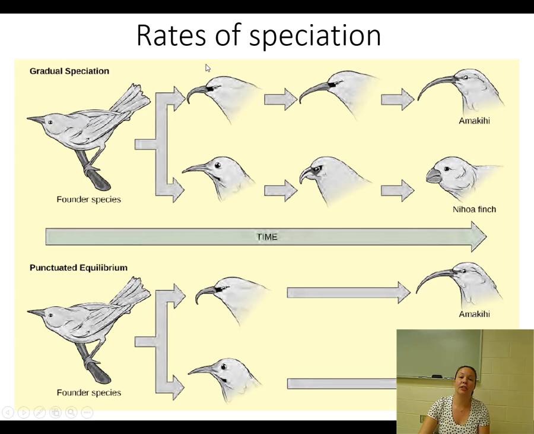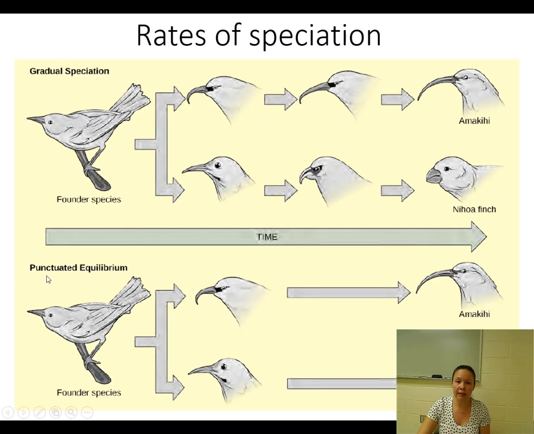The rates of speciation can be different as well. If you look at this top panel of this picture, gradual speciation versus punctuated equilibrium means something a little bit different. If you look at time here, and at the term gradual speciation, just by the meaning of the word gradual, this initial founder species gradually changes over time into two new species. You get a few little changes that happen over time that lead to new species.